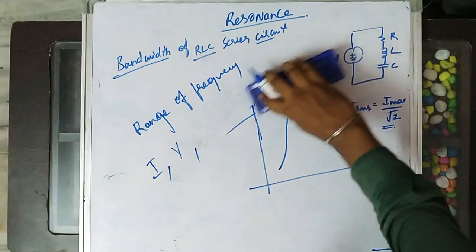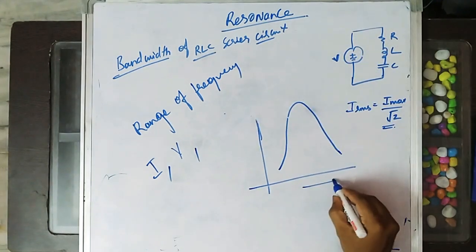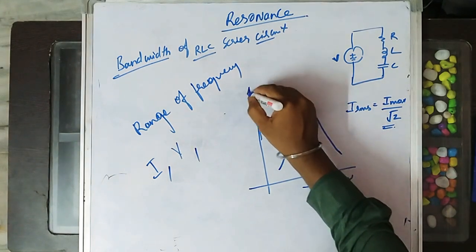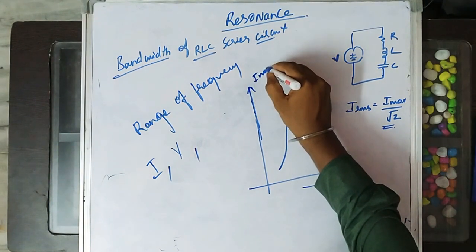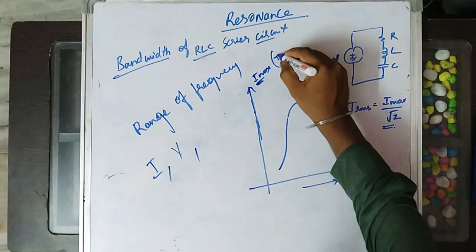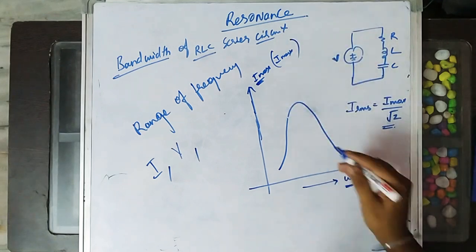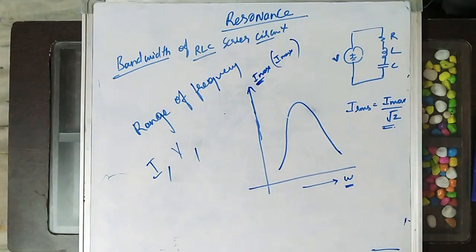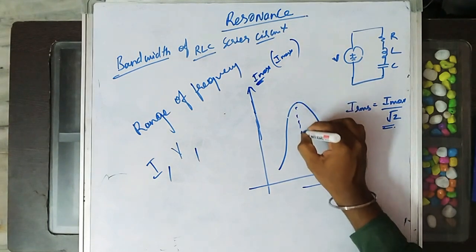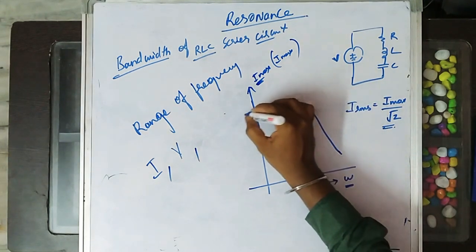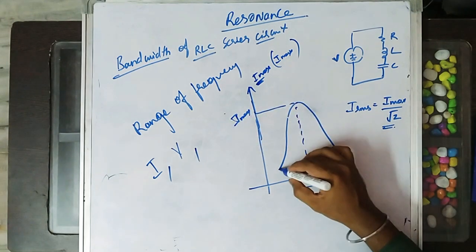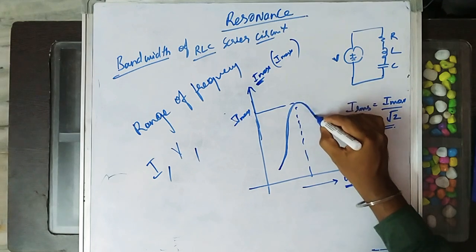On the x-axis we take frequency, since you are varying the frequency of the circuit, and on the y-axis you take current. You have two waveforms, the RMS value and the maximum value. At the resonance frequency you get the maximum current, Imax. So this is the frequency response of the RLC circuit.